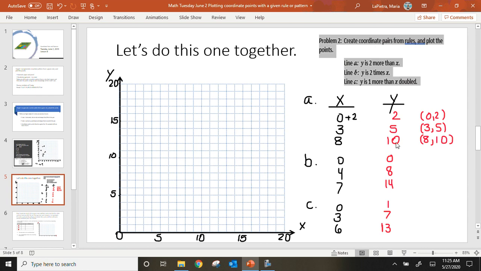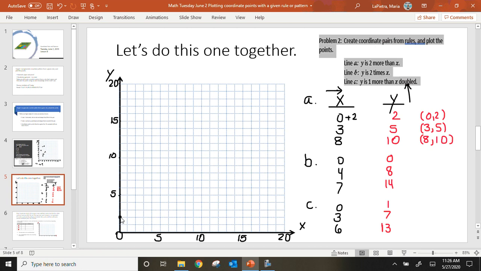Let's plot that. Remember, over and up. X is over. Y is up and down. Okay. 0, this is tricky. 0. We didn't go anywhere on the x-axis, so we stay right where we are, and the y is going up 2 points, or 2.